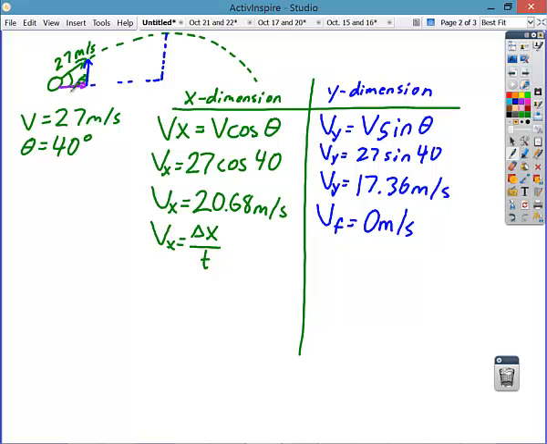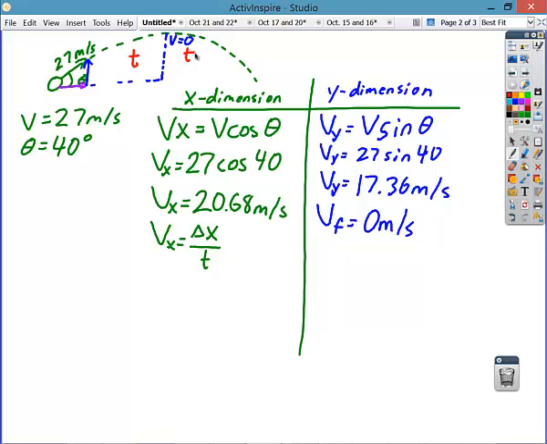Because at the top here, I know that V is equal to 0. Now, the amount of time that it takes to go up is equal to the amount of time that it takes to go back down. So once you figure out what your time is to go up, what do you do? Multiply by 2. Pretty simple, right?